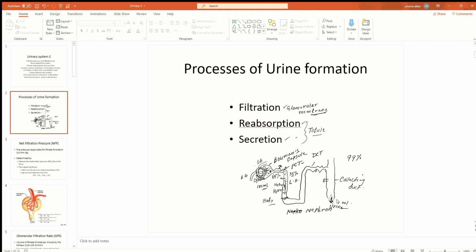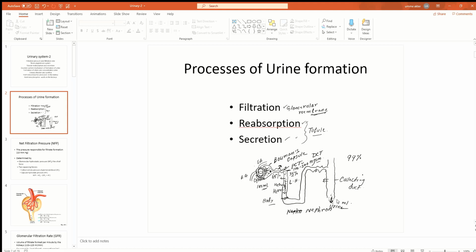So here at the proximal convoluted tubule, if you see the concentration of the fluid, it is about 100 to 300 milliosmol. Okay, that's the unit of concentration, osmolarity.